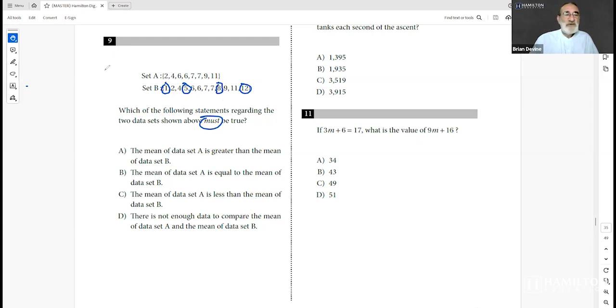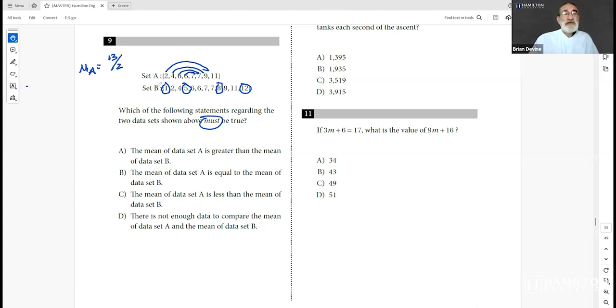There's not enough data. Well, we can calculate the mean. If I look at this one, I'm going to have 13 plus 13 plus 13 plus 13 divided by 8. And so the mean of A is going to be 52 divided by 8, which is 13 halves.